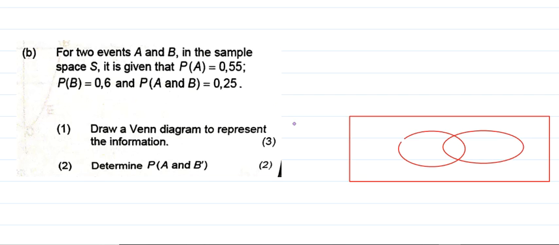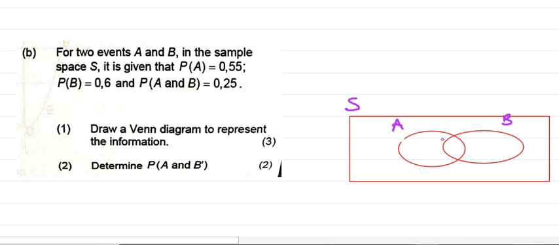So we have two events A and B in the sample space S. So our sample space S, we label our events A and B. Now it's given that the probability of A is 0.55, the probability of B is 0.6, and the probability of A and B is 0.25. Draw a Venn diagram to represent the information.